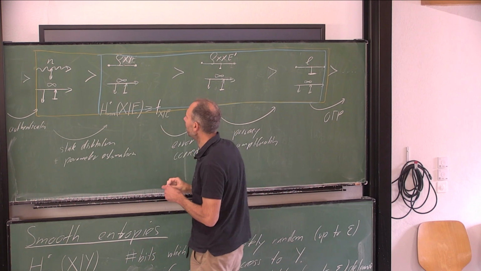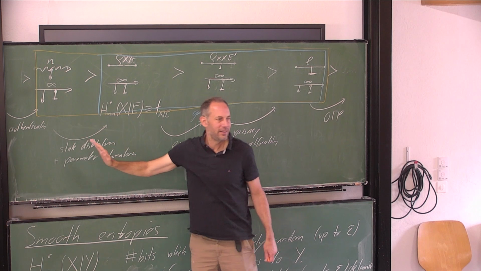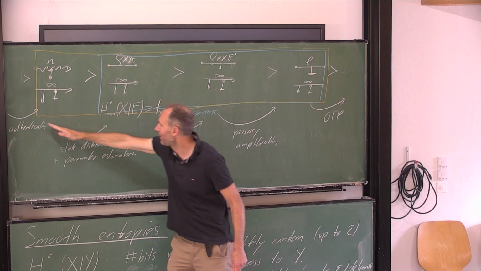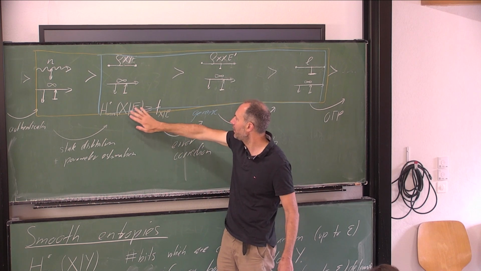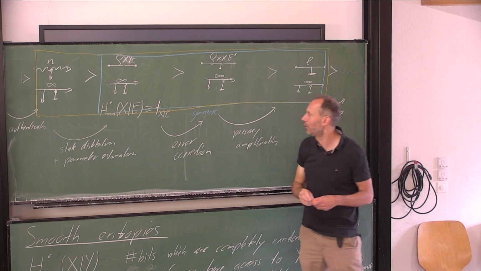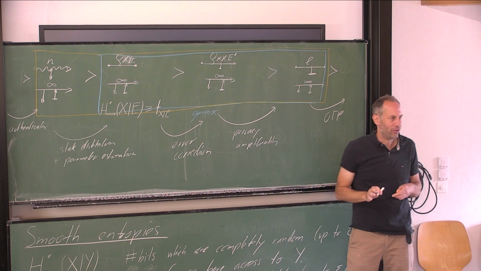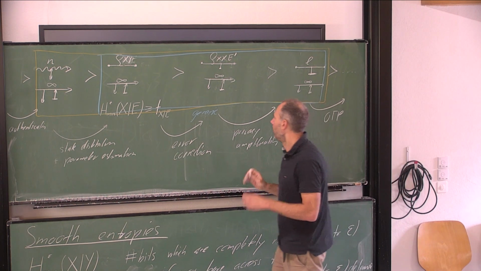So generic means, what I said yesterday, that if you have a new protocol, you only need to redo the part from here to here. And because here we are just talking about entropies and so on, nothing will change. We don't need to know any more details.